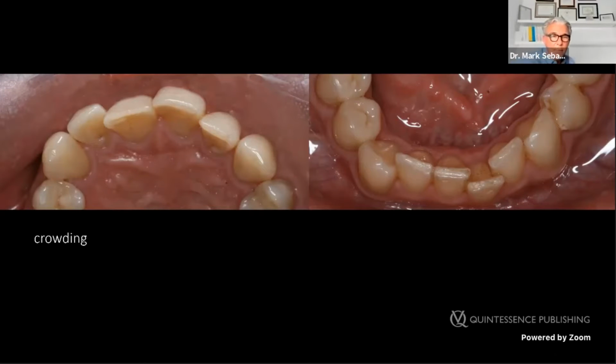I did a full reconstruction of the molars and premolars, and the patient was still unsatisfied with the situation of his front teeth. Then he asked for a solution, and we decided to do a tooth movement with aligners.